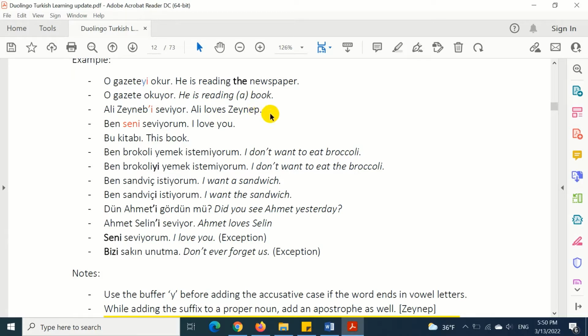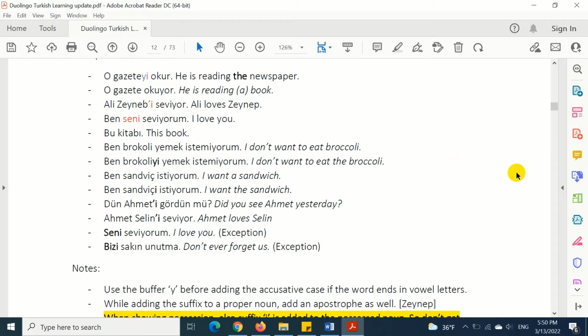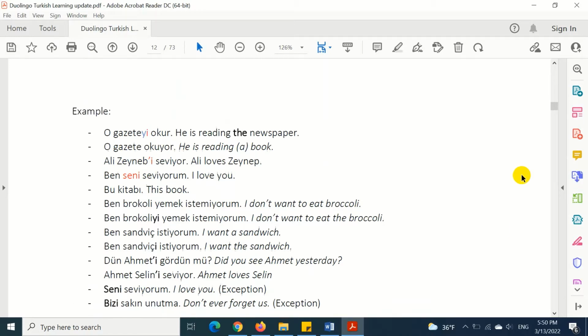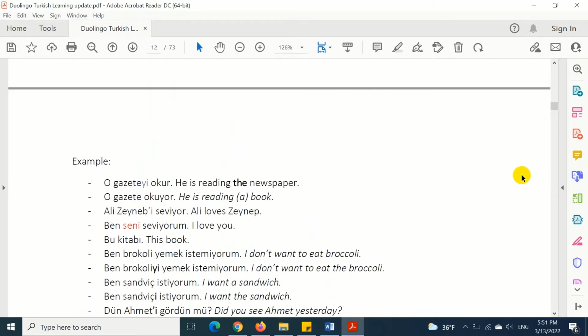P is changed to B, Zainab. Why? Because the suffix is a vowel letter. Well, that's all about the accusative case. The accusative case is used when you are using a noun as a specific direct object.